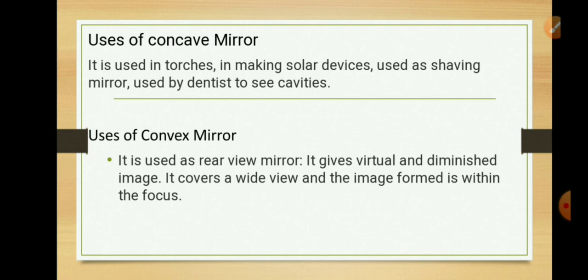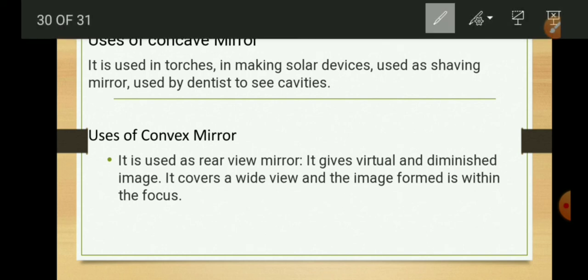Second use is in making solar devices. As it converges all the rays, when solar rays converge, they increase the temperature at the converging point. See, this is the concave mirror used in, we will take the example of a solar cooker, and this one is the pan, a black colored pan, which is placed in the solar cooker.